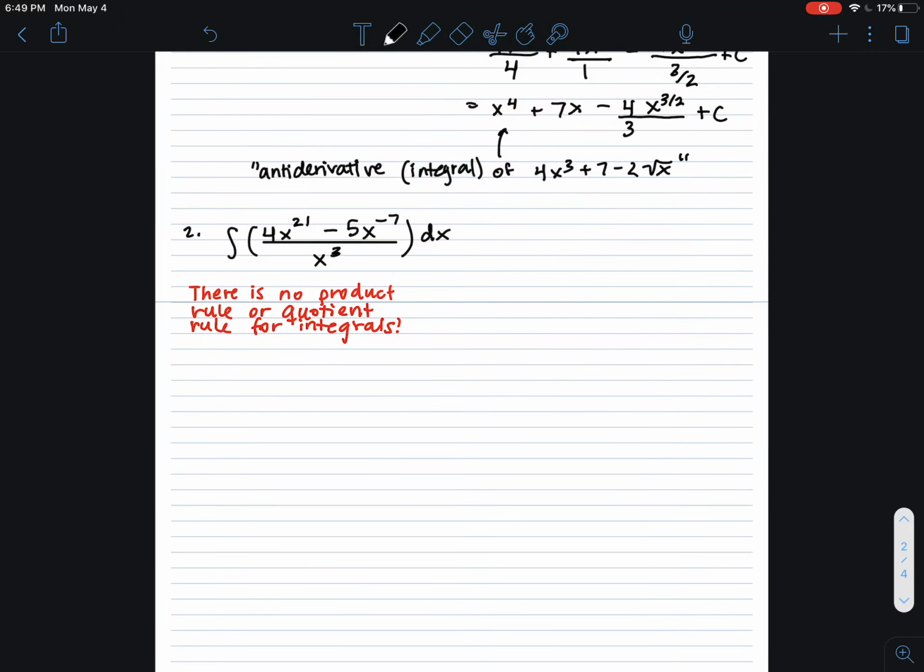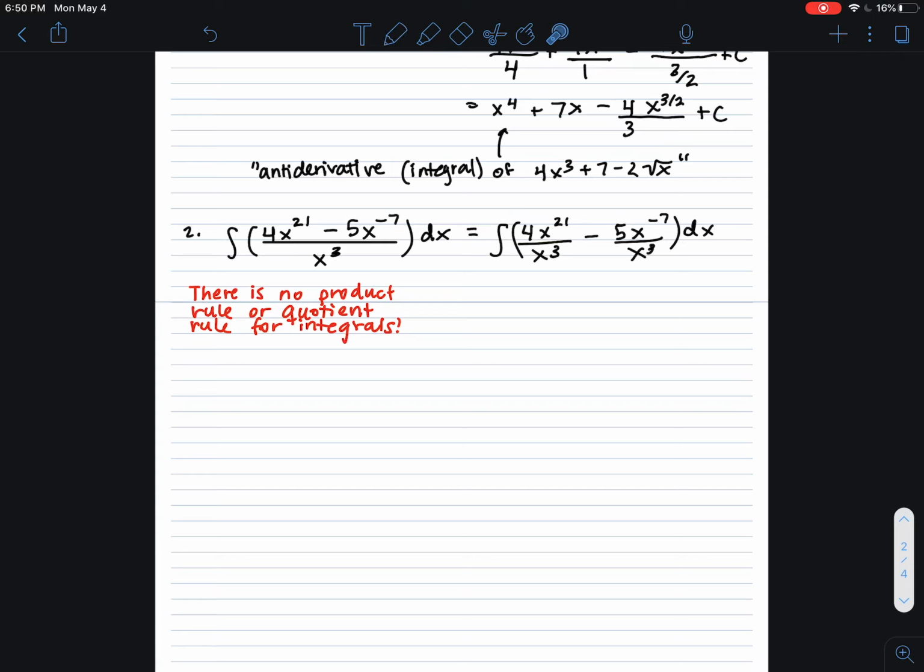So we're going to have to use algebra to be able to use our normal power rule. So these two both have this common denominator of x to the 3rd. So we can separate this into the integral of 4x to the 21st over x to the 3rd minus 5x to the negative 7 over x to the 3rd dx.